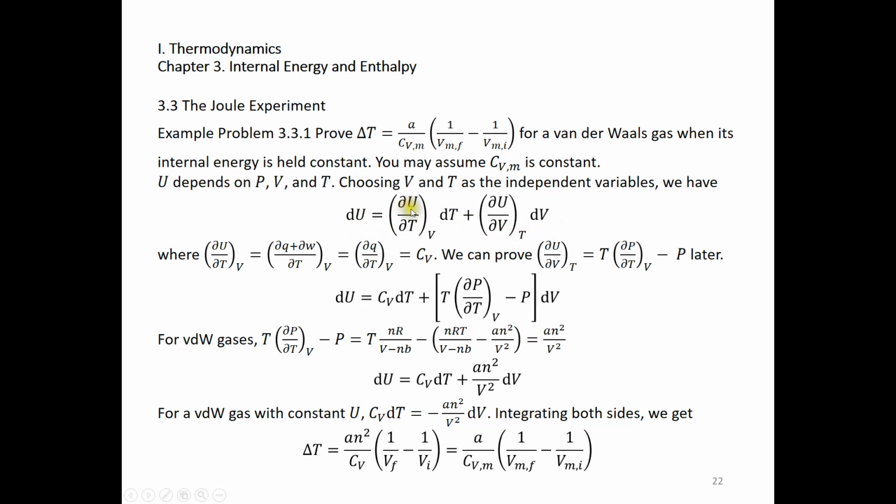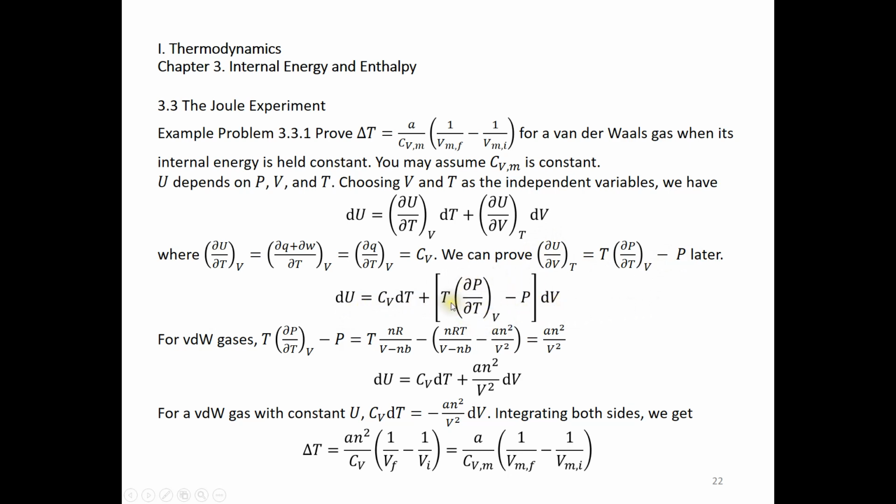dU is delta U over delta T times dT plus delta U over delta V times dV. Let's evaluate this part. This part is simply delta Q plus delta W over delta T, and because volume is constant over here, it's just C sub V. We can also prove this later in chapter 5. So we have dU equal to C_V dT plus something times dV.